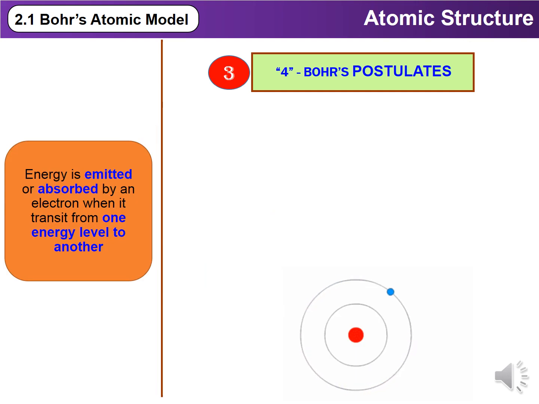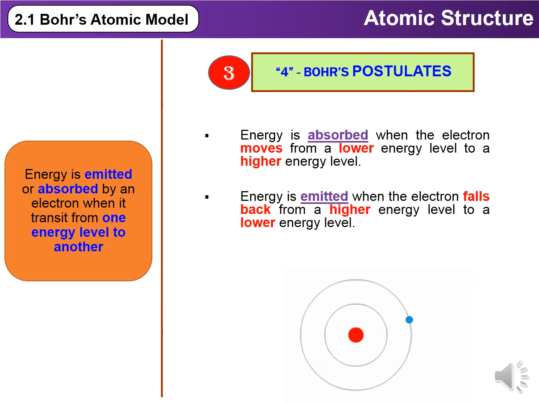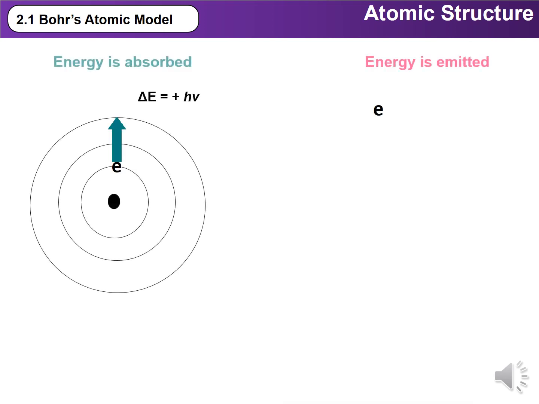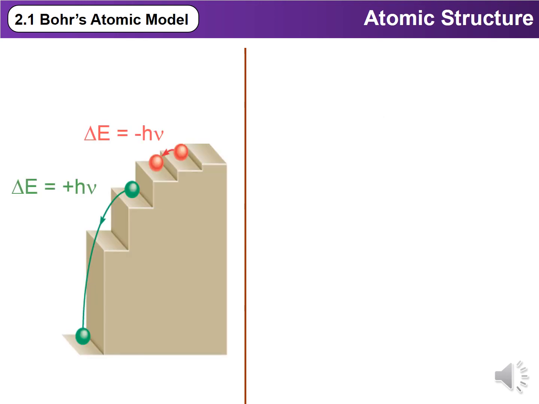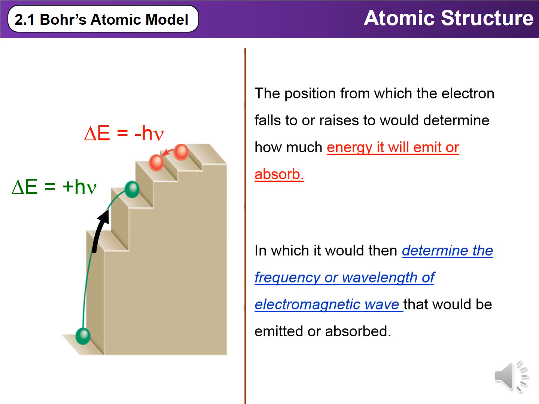Whether energy is emitted or absorbed depends on where they transit. You see now it's going to a lower level, so it will be emitting light. All these structures are just explaining the concept of energy absorbed and energy emitted. When energy is emitted, it is not necessarily in the form of light. It could be in the form of an electromagnetic wave.